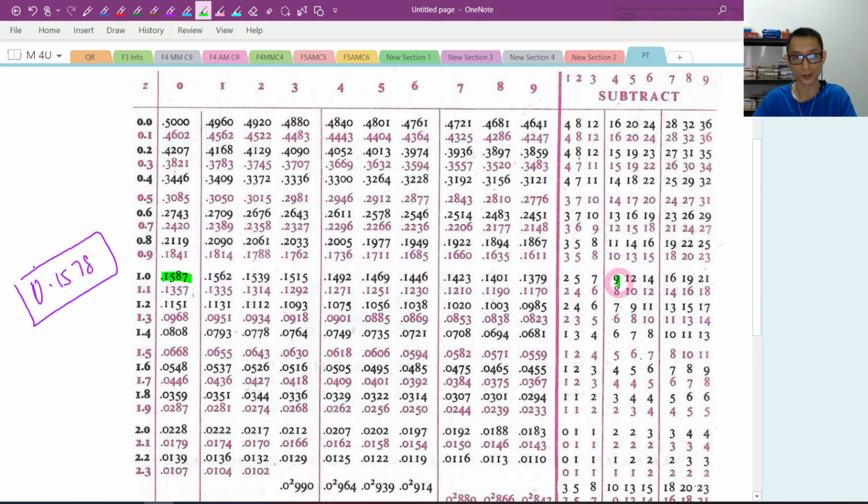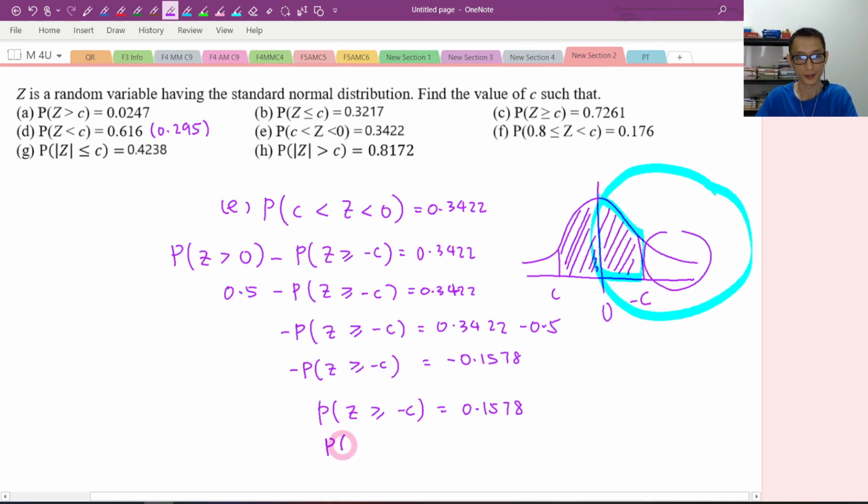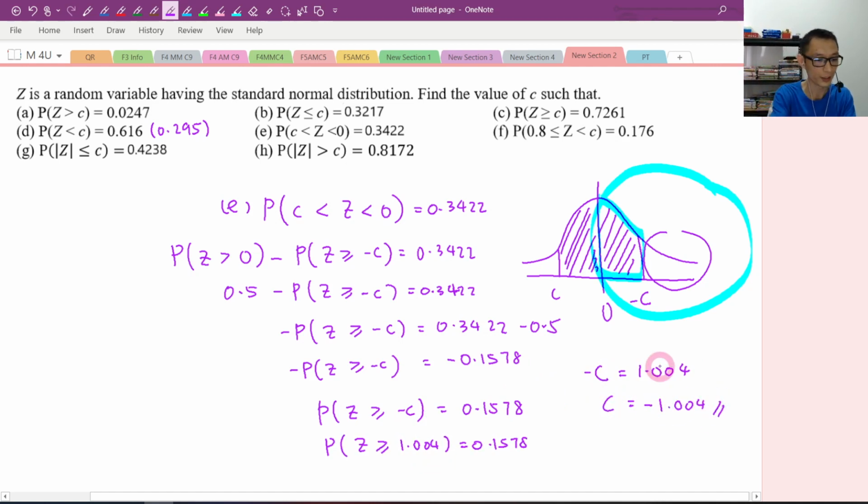So look for 9. Yes, over here. So this will be 1.004. But be careful, 1.004 is not our answer. This is equal to this. Then C is actually equal to negative 1.004. Okay, this is the answer for part E.